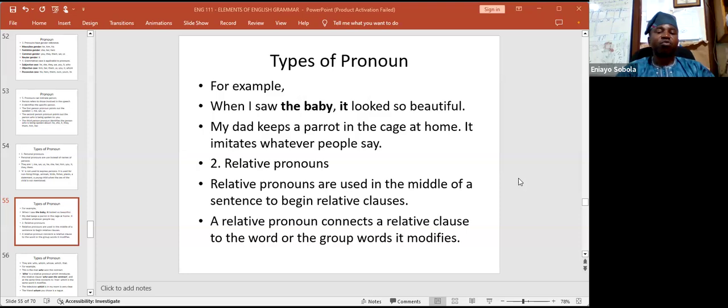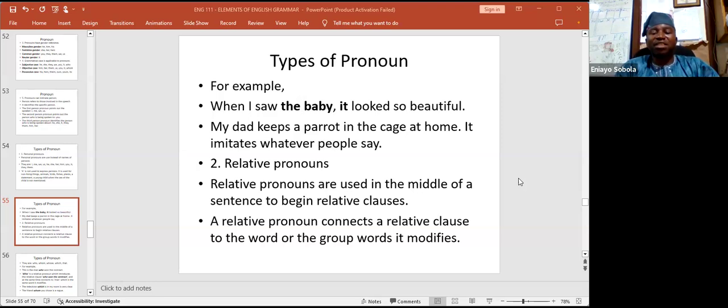The number two, we have relative pronouns. Relative pronouns are used in the middle of a sentence to begin a relative clause. You should note that a relative pronoun introduces the relative clause.